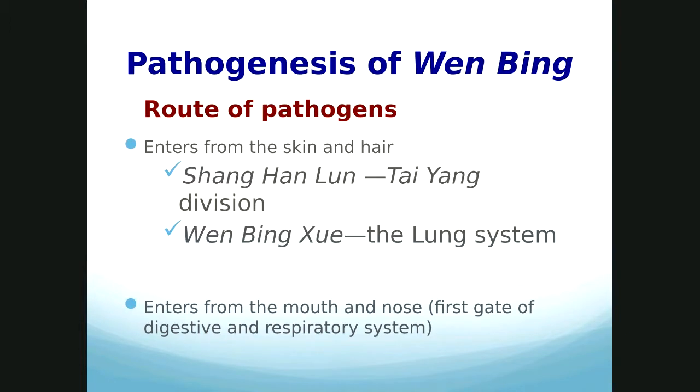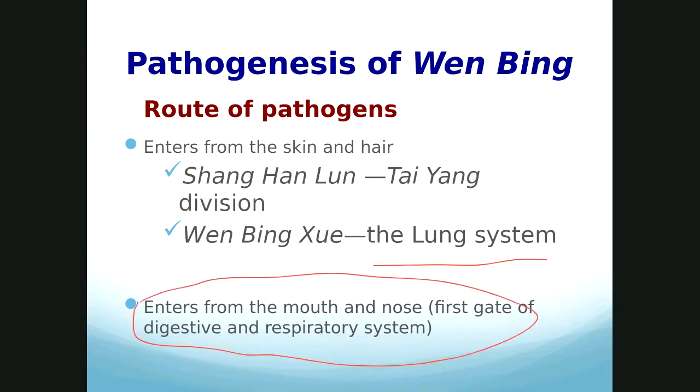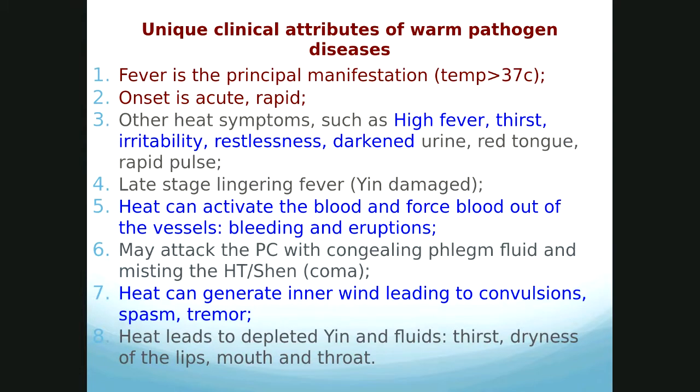For Wen Bing, the focus is on the lung system, which includes the nose, mouth, and the stomach. The pathogen enters into the mouth and nose. So that's why the upper respiratory system and digestive system can be affected straight away. That's the difference between Shanghan and Wen Bing. So we compare, we know.